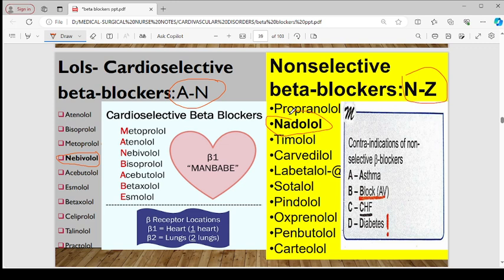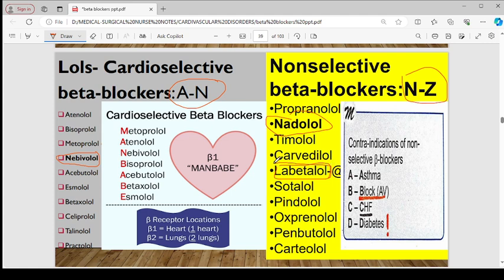So these other ones we could have are propranolol, timolol, carvedilol, labetalol. Labetalol is a unique drug for us because it not only targets the beta receptors, but also targets the alpha receptors. Okay, so we need to keep this one in memory.